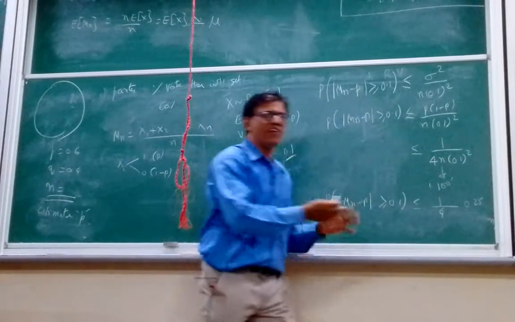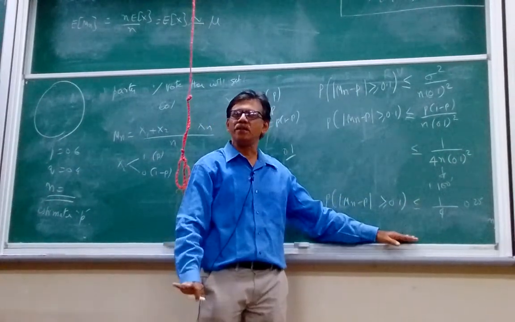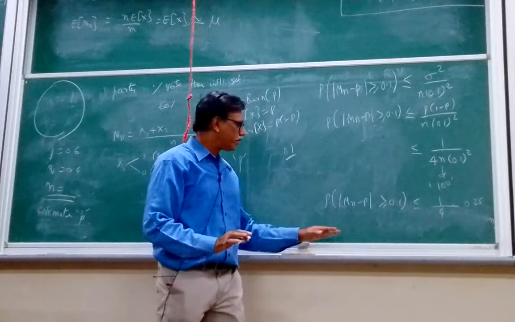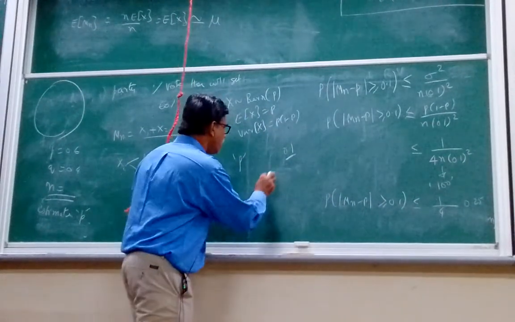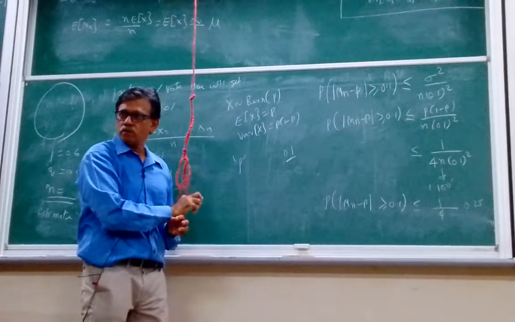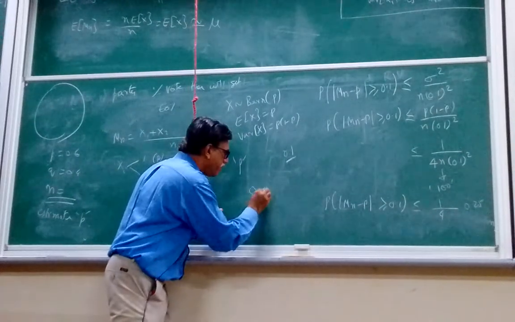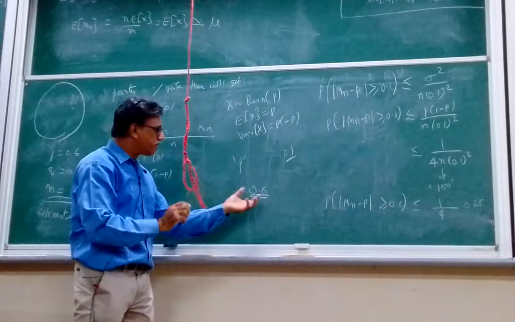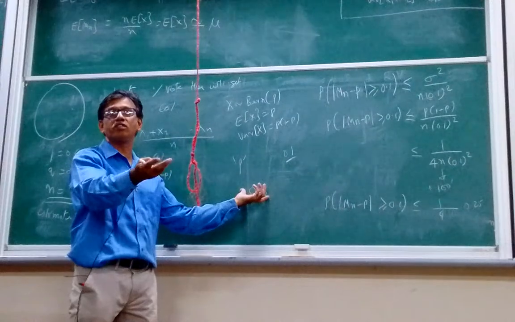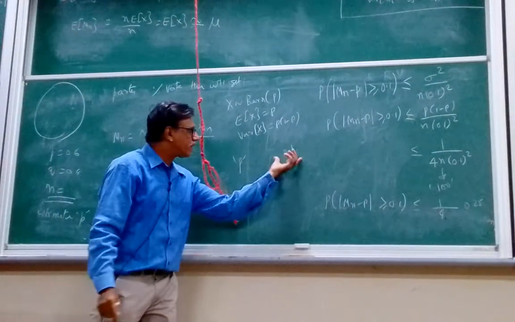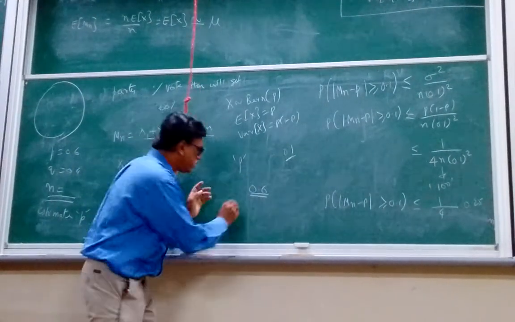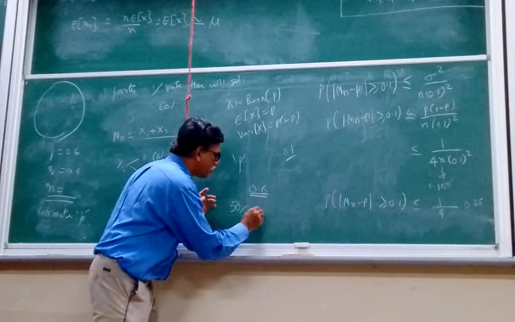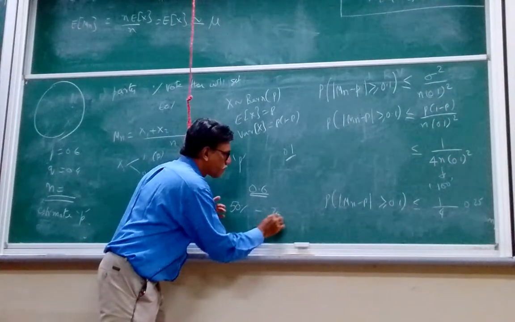This is a very crude way of doing an opinion sample. We will interpret what it is. p can vary by 0.1. If the actual value is 0.6, that is, you tell that party A will get 60% of the vote, I am ready with a variation of 0.1. That is, it can go from 50% to 70%.